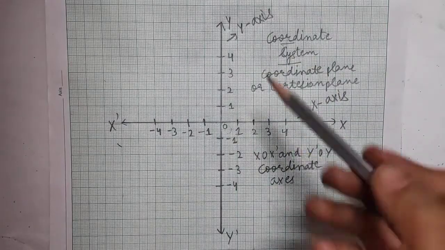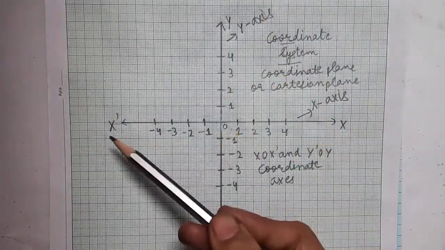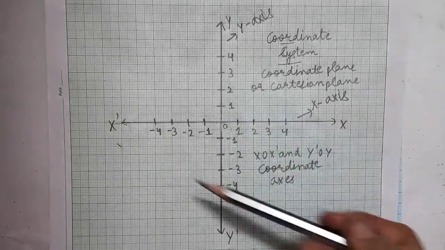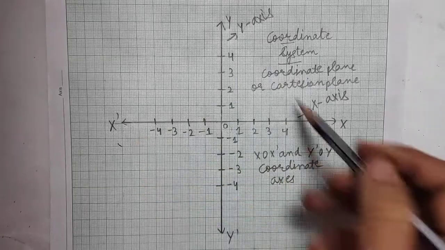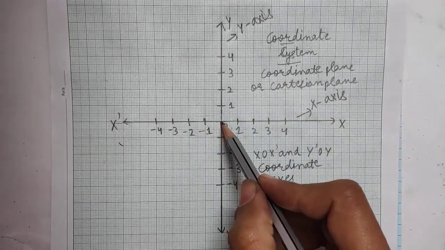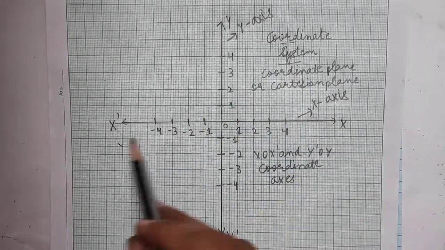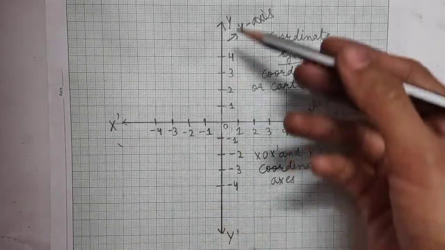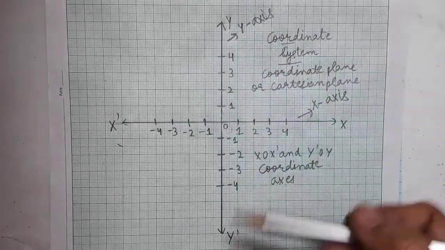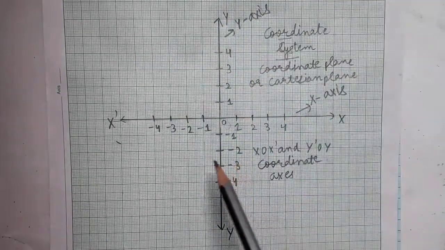So I am repeating it. I have taken two number lines XOX dash, Y dash OY perpendicular to each other, horizontal and vertical, on a graph paper to intersect each other at the point O. This horizontal line XOX dash is called the X axis. The vertical line Y dash OY is called the Y axis.